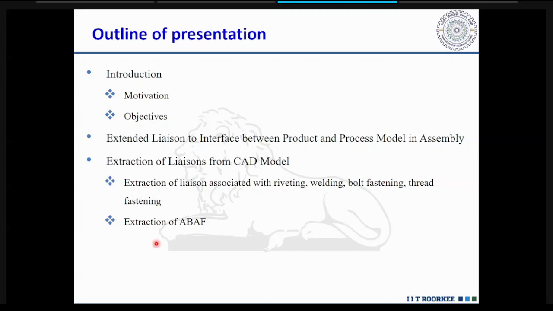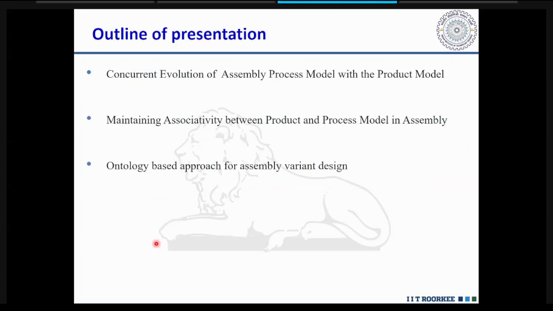First, I will talk about the extraction of liaison associated with riveting, welding, bolt fastening, and thread fastening. And if time permits, I may speak about extraction of adhesively bonded assembly features, like the types of joints available in adhesive bonding. Then I will talk about the integration part, where we integrate the product model with the process model.